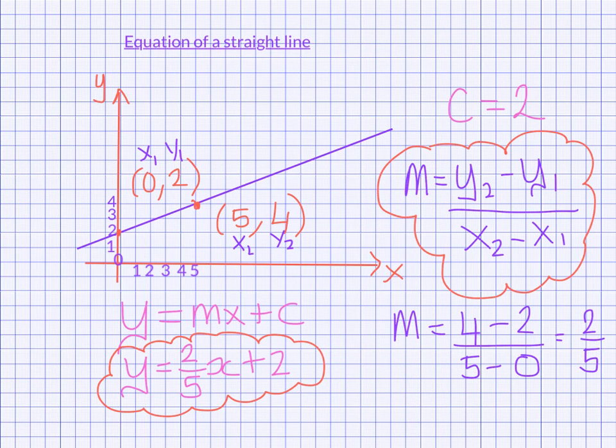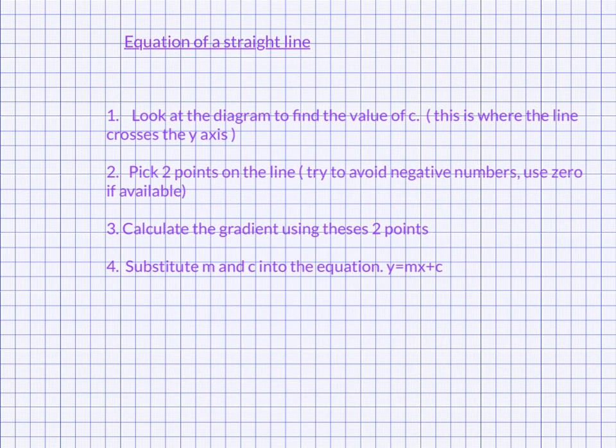So make sure you've got a note of this example, that you understand where all the numbers have come from, and I'll give you a wee recap. Okay, so the first thing you're going to do is look at the diagram and find the value of c. Remember, this is where the line crosses the y-axis.